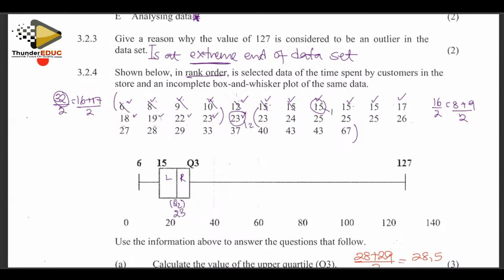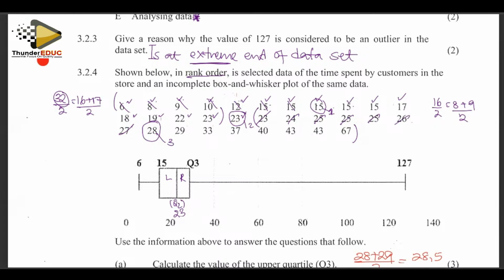Now let's look for Q3. Still we shall count 8 numbers: 1, 2, 3, 4, 5, 6, 7, 8. This has become our Q3.